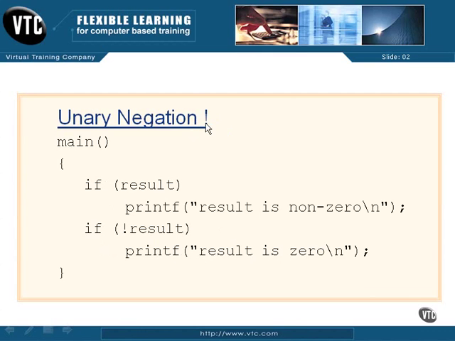Now here we saw this unary negation, or half of it earlier. We saw an exclamation point and an equal sign for not equals. Well, this is a not by itself. The unary negation, we call it unary because it works on a single operand. It doesn't need two things to compare. So it's unary negation. Here we say if this result, and what we're doing is we're trying to see if that variable result is non-zero.